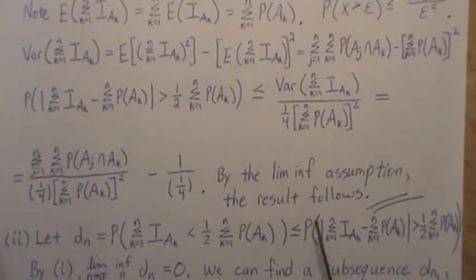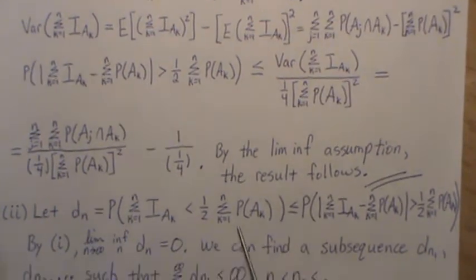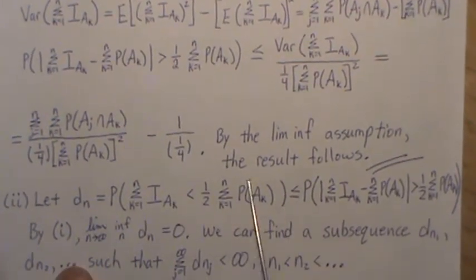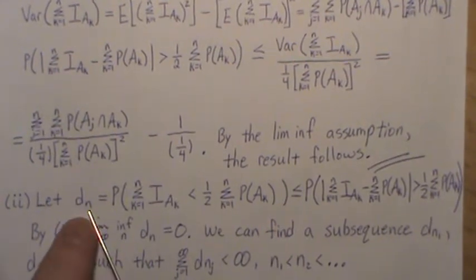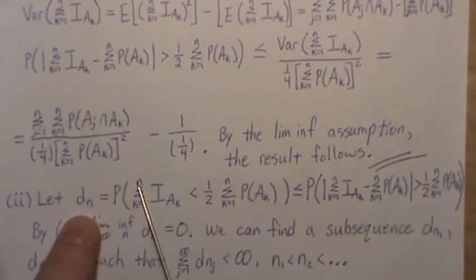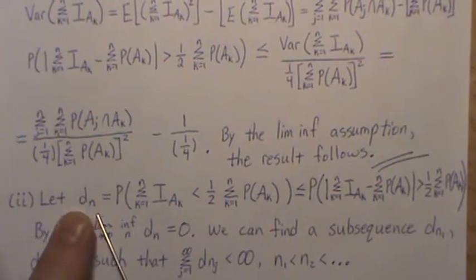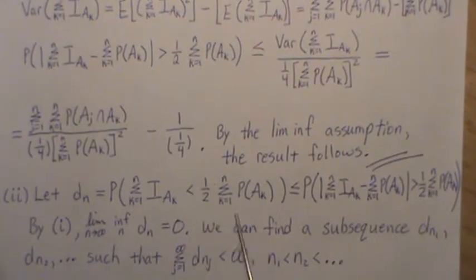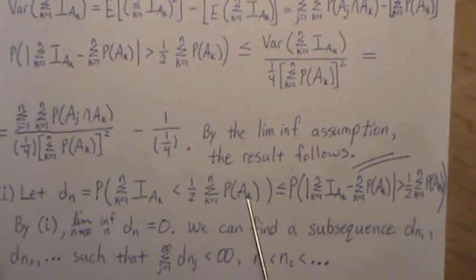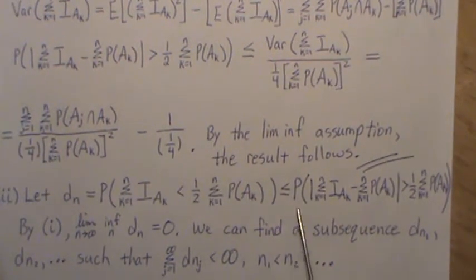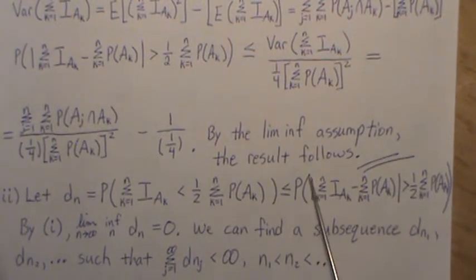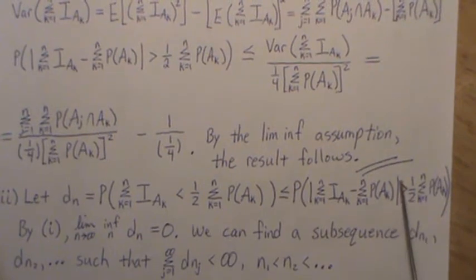Okay, so we have that result first. Now let's let d_n represent this probability, where n comes into play. That's what we're summing to. Now again, this is an indicator function, and this is minus 1/2 the sum of the probabilities. Notice that it's less than or equal to this quantity, and it's not 100% obvious where that comes from. But notice the absolute values here.